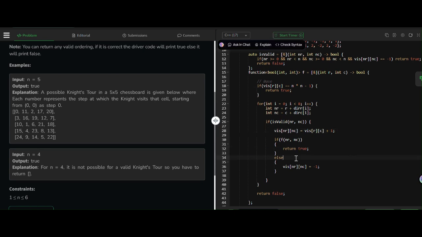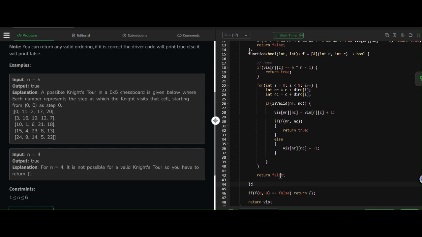And if I fail to find any move in the next cell, then it means I have to backtrack to the previous state, since I didn't find any move further to make a possible solution. So I'm backtracking and I'm again making that particular cell unvisited.